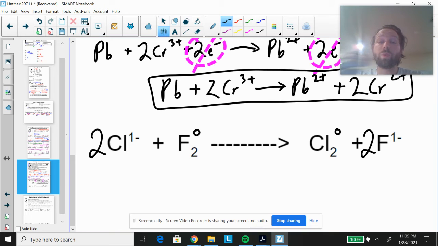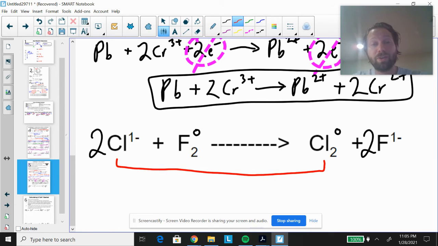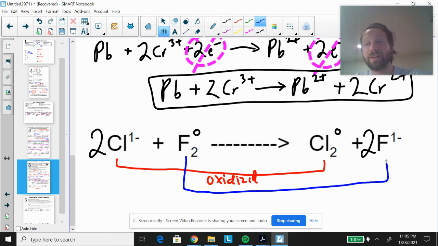And so we're going to say that in oxidation we have chlorine. Chlorine is being oxidized. And then with fluorine, you have going from 0 to -1. That means it's gaining electrons, so it's being reduced.